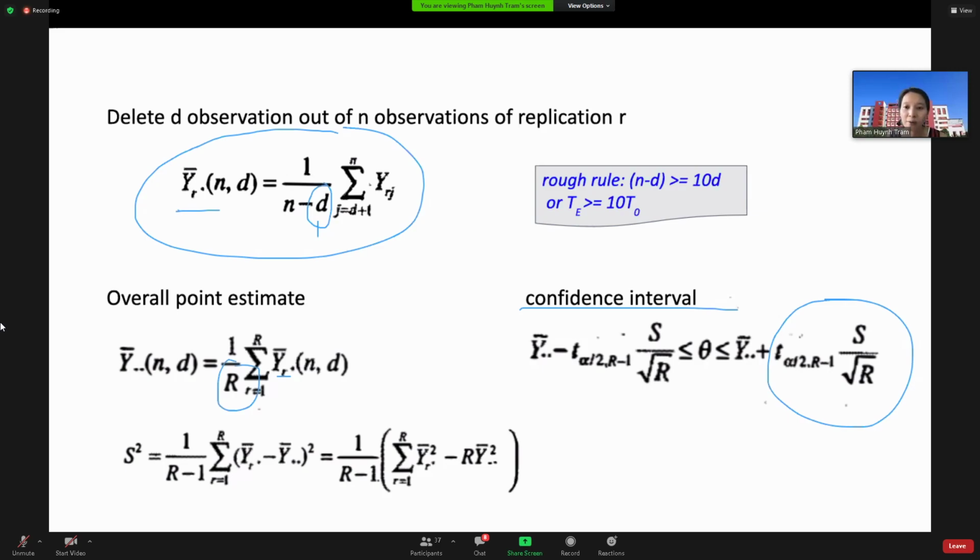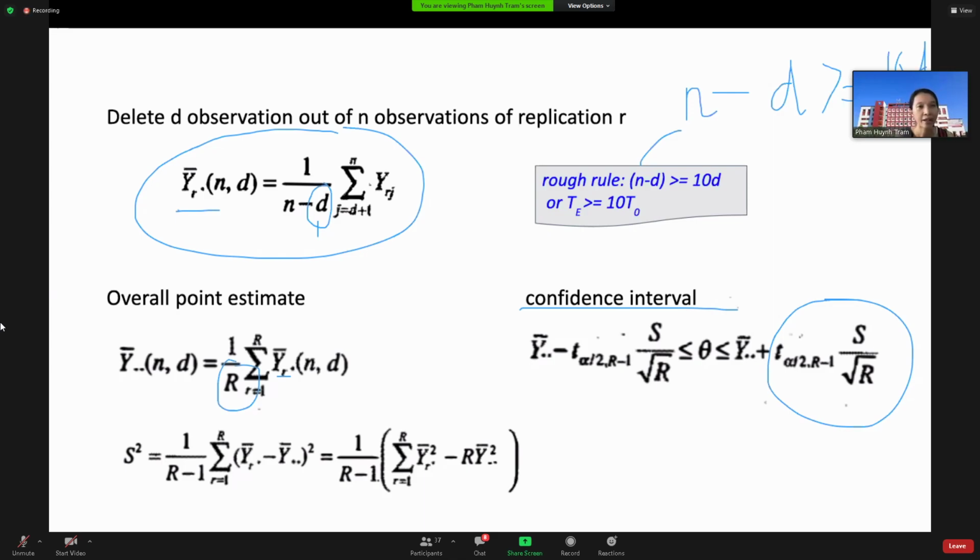If we look at n as the number of entities per replication, then the warm-up period usually satisfies this condition. It's just a rough rule.